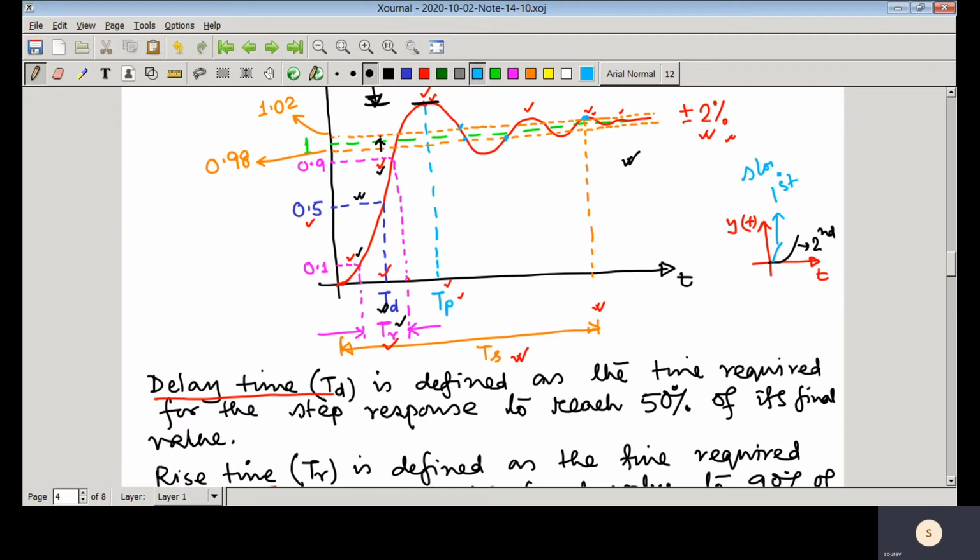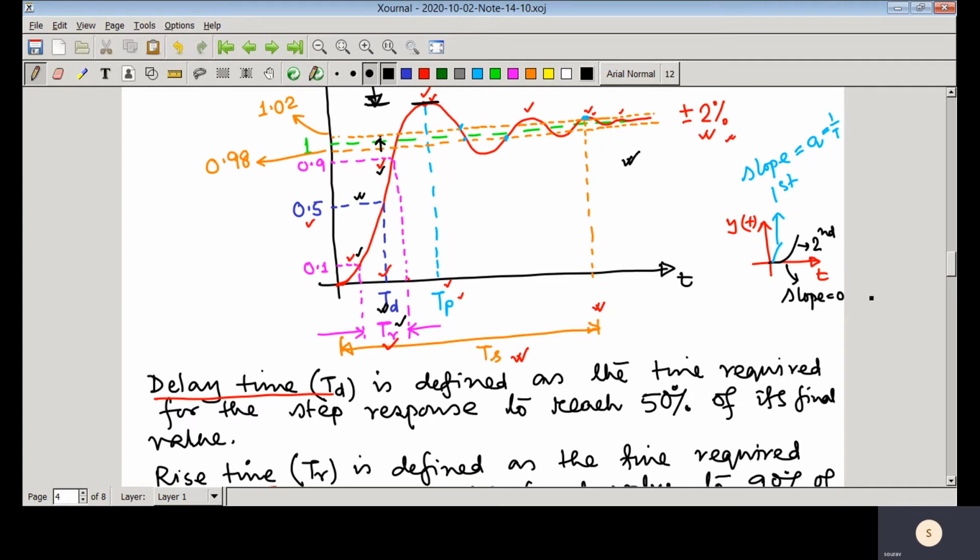In case of first order system, the slope is a, or 1 by T, that means the inverse of the time constant. And in case of second order system, the slope is 0. So this is very important. Later on we will again discuss why it is so important.